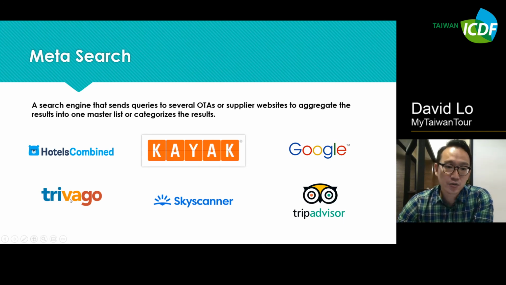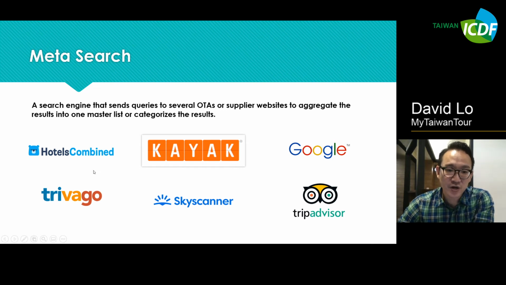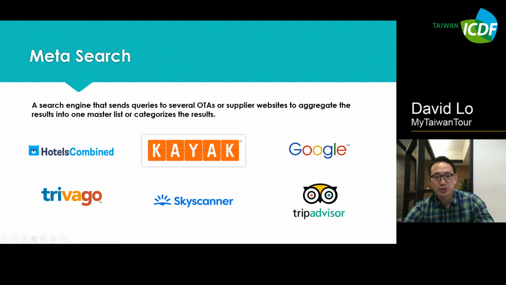Trivago serves the same purpose as Hotels Combined, but it belongs to a different company. If we go back to the previous page about the OTA introduction, Hotels Combined and Kayak are under the same group of Booking Holdings, part of the Booking.com company.